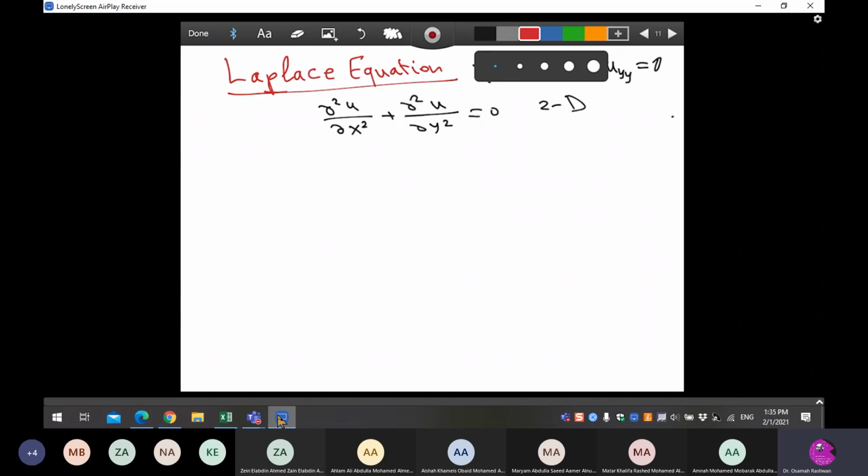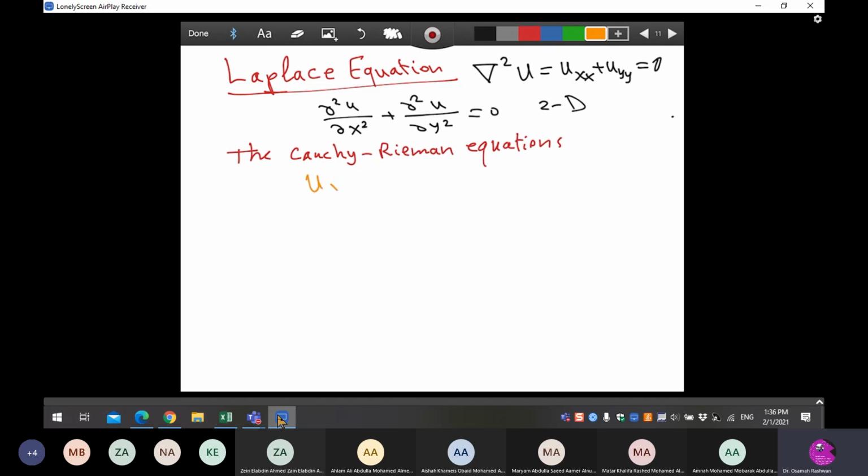Now let's start with the Cauchy-Riemann equations. What we have in the Cauchy-Riemann, I remember, is u_x equal to v_y, this is the first one, and u_y equal to minus v_x, this is the second one.